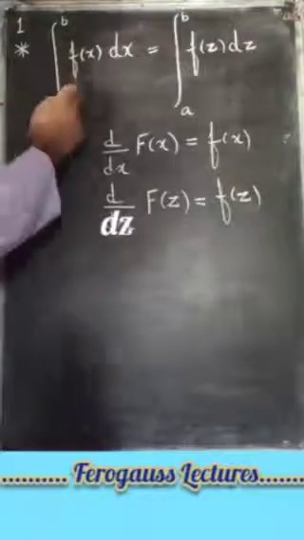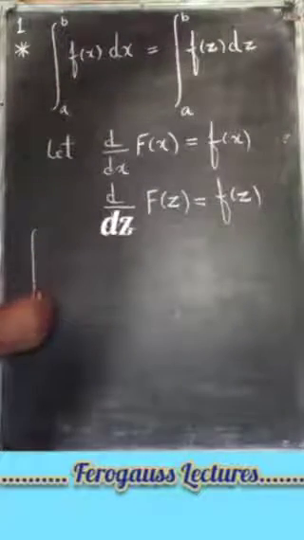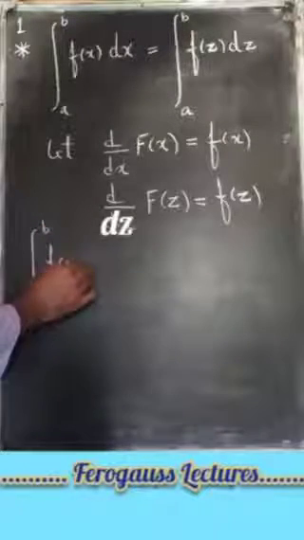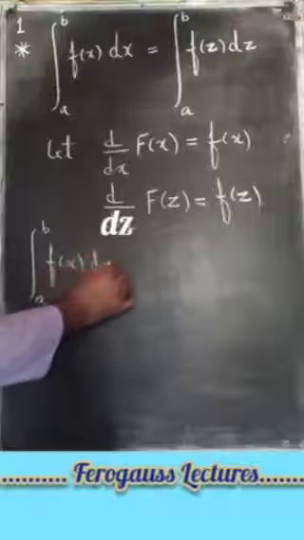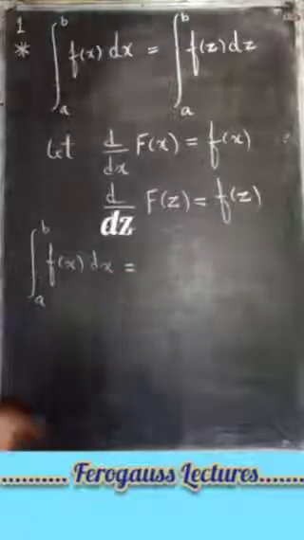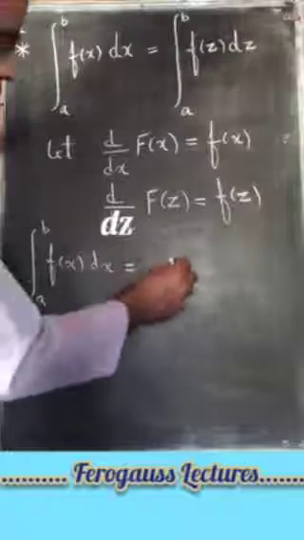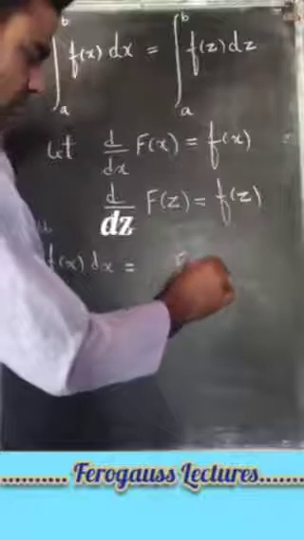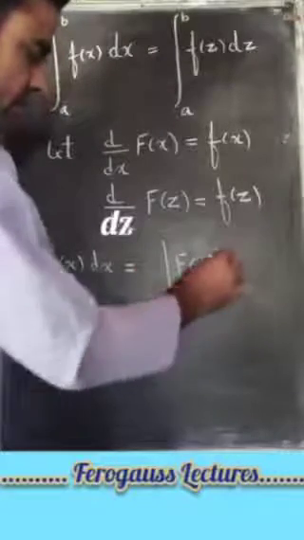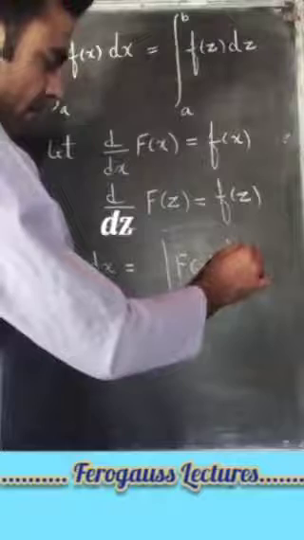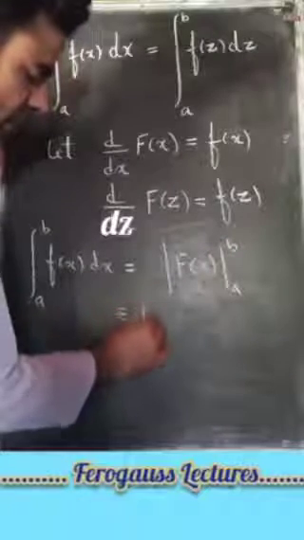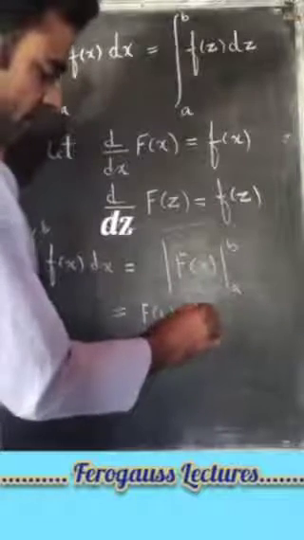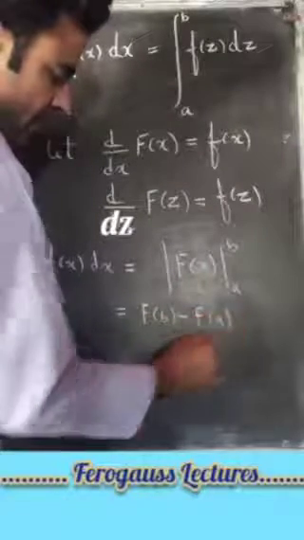Now we take this integral, integral from a to b f(x) dx. By the fundamental theorem of integral calculus, we have this equal to F(x) with limits from a to b, which is further equal to F of upper limit, that is F(b), minus F of lower limit, that is F(a).